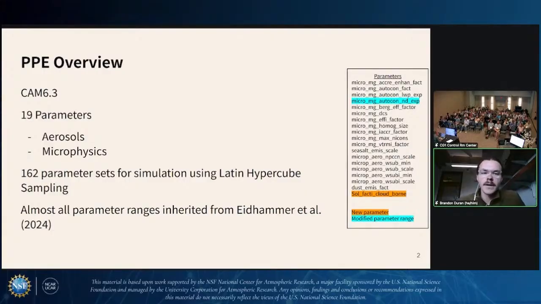So we only look at 19 parameters, focusing strictly on aerosols and microphysics, but we essentially inherit most of the parameter ranges themselves from that original CAM6 PPE. And we run a set of 162 different simulations across a variety of these parameter perturbations.